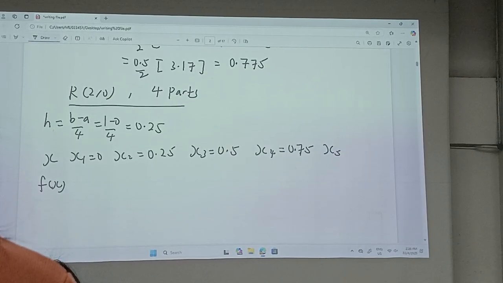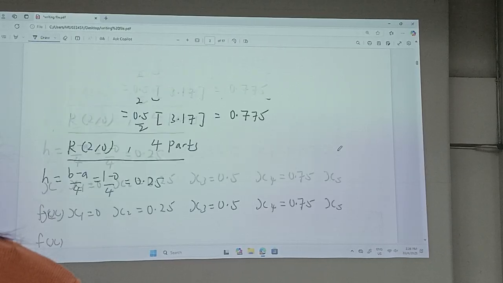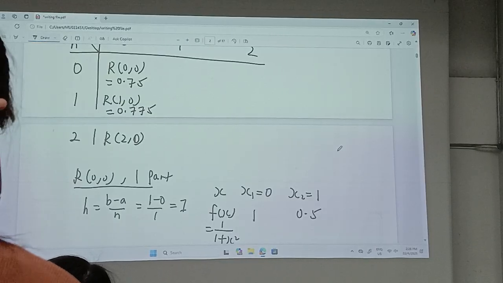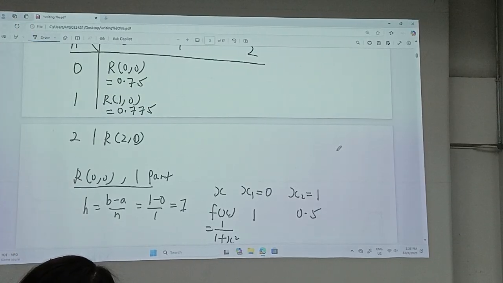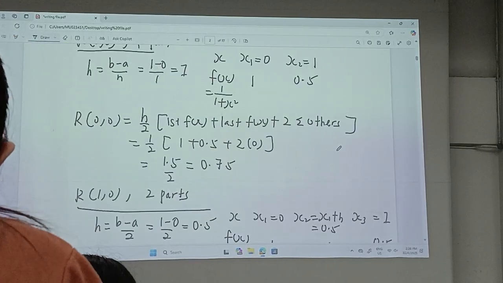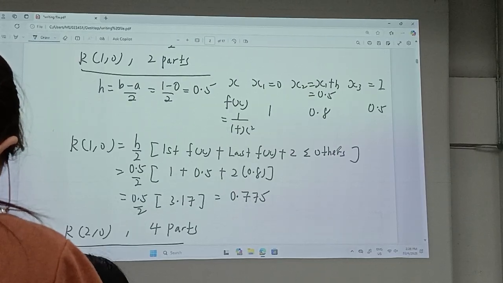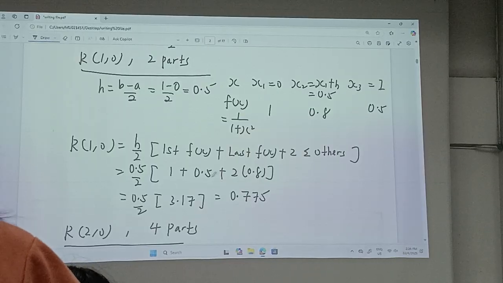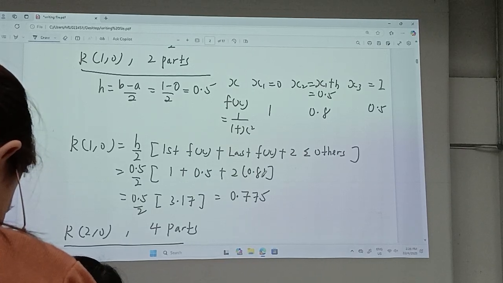x5 equal to... which one then? How about 0? You mean this one? 1 plus 0.5 plus 2 times 0.8.